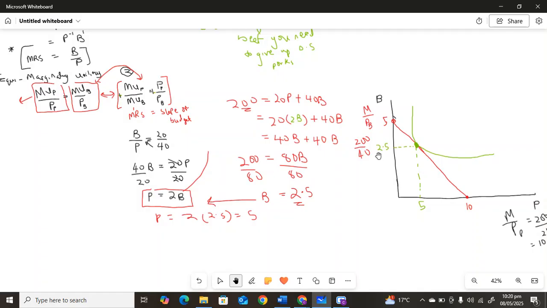Okay. Colleagues, why do you think I'm not rounding off here? Out of curiosity, why don't you think I'm rounding off?